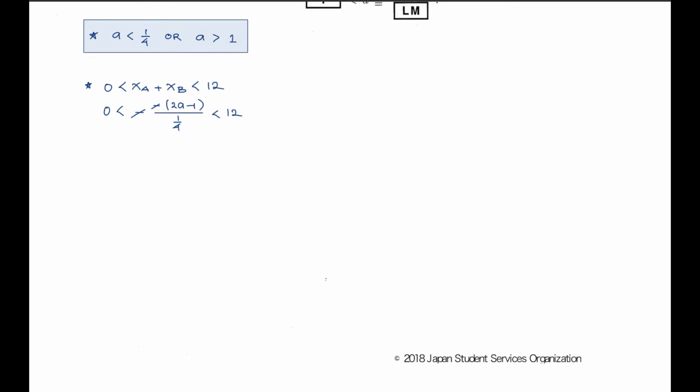And then I can times the whole inequalities by 1 over 4. 1 over 4 times 0 is 0, less than 1 over 4 times this. 1 over 4 will be cancelled out. And then the remaining is 2a minus 1 less than 12 times 1 over 4 is 3.